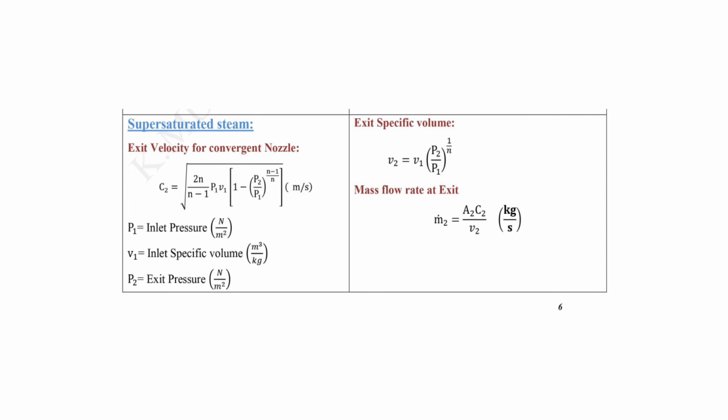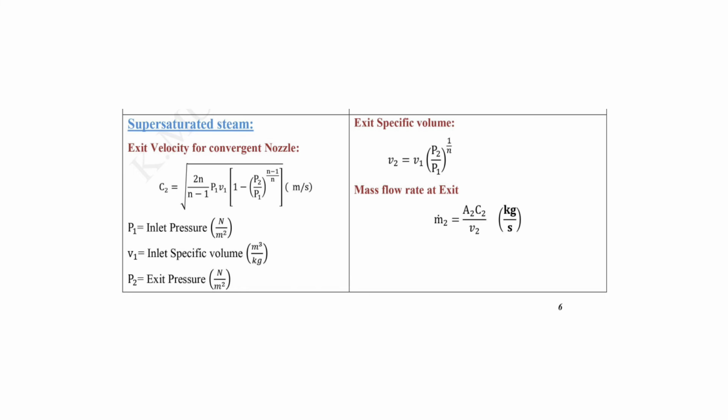The supersaturated steam exit velocity for convergent nozzle. Here P1 is equal to inlet pressure, Newton per meter square, V1 is equal to inlet specific volume, meter cube per kilogram, P2 is equal to exit pressure, Newton per meter square, where we can calculate the exit specific volume V2 is equal to V1 multiplied with (P2 by P1) power 1 by n.